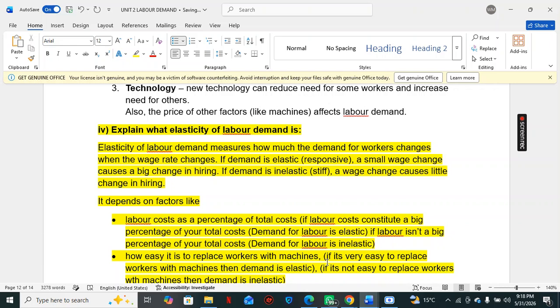Meaning if the wage rate increases, you can't replace the workers with machines. It will be hard for you. You're still going to need those workers. So even though the wage rate increases, you still need to maintain them because you cannot easily switch them with machines, and for your business to stay profitable, you still need those workers.